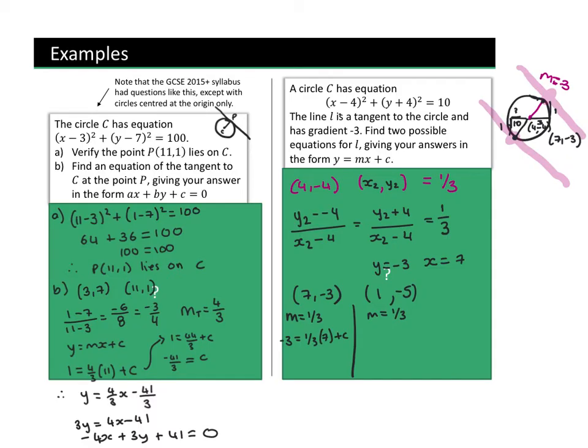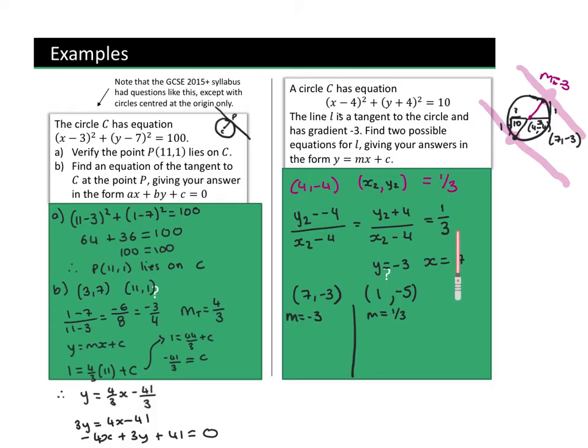Sorry, I've just multiplied. Have I done this right? No, I haven't, everyone. I'm getting my gradients confused. It's already told us the gradient of the tangent, which is minus 3. This is the one I'm using.